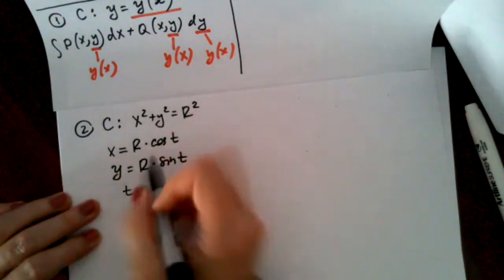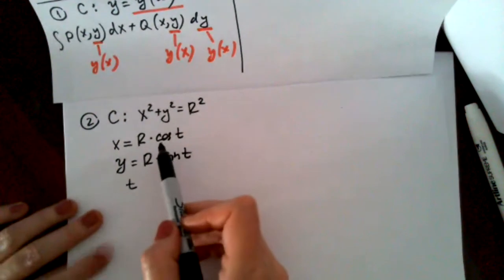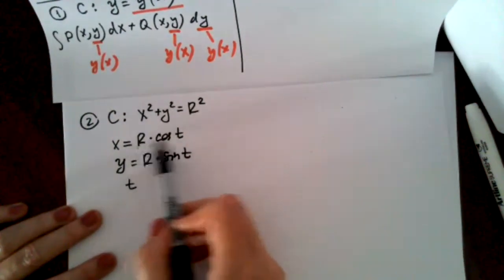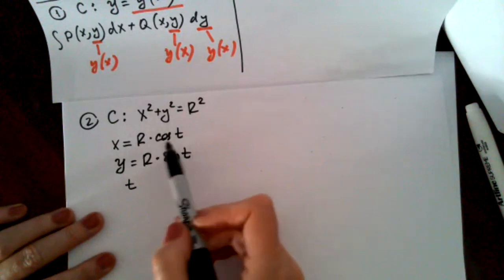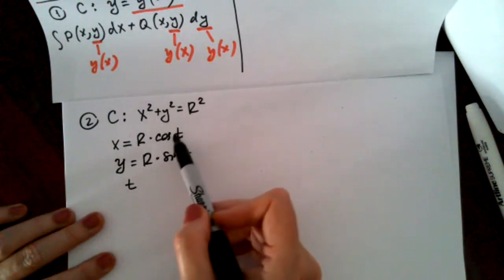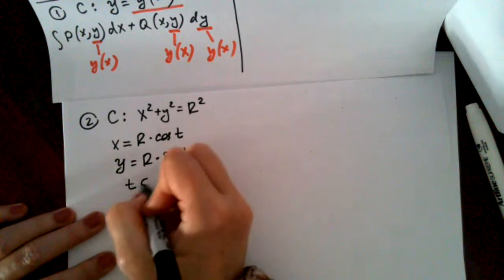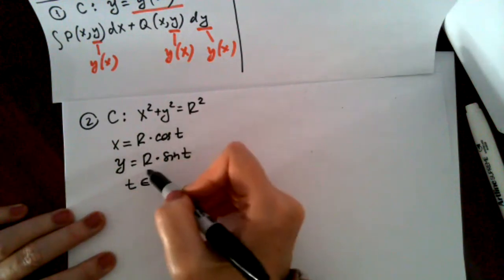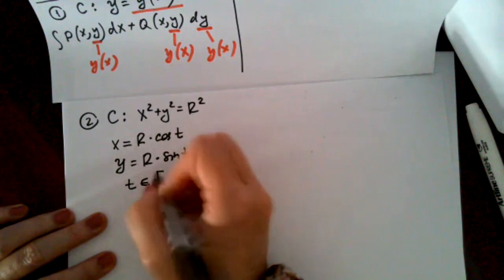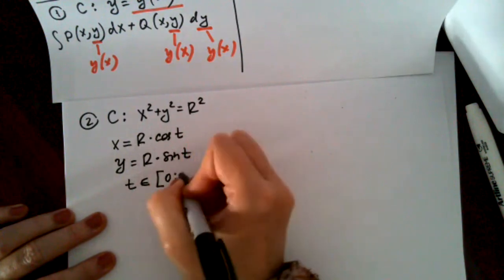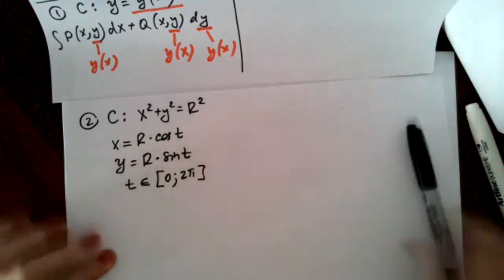And as you can see, maybe these expressions are pretty familiar to you. They actually look like polar coordinates, and it's quite true. So this t plays the role of the polar angle, and that is why if your path is the whole circle, you can easily say that your angle changes from 0 to 2 pi, the whole circle.